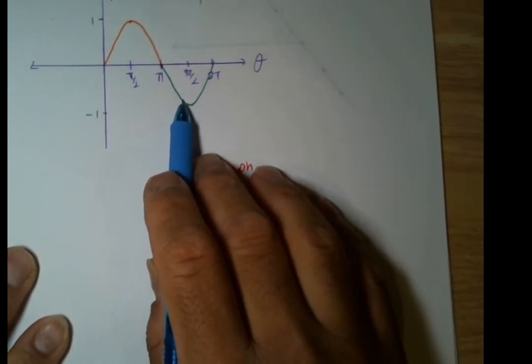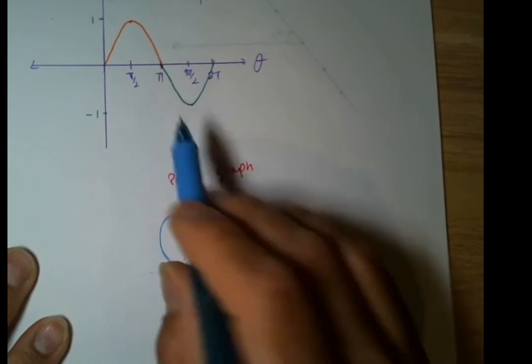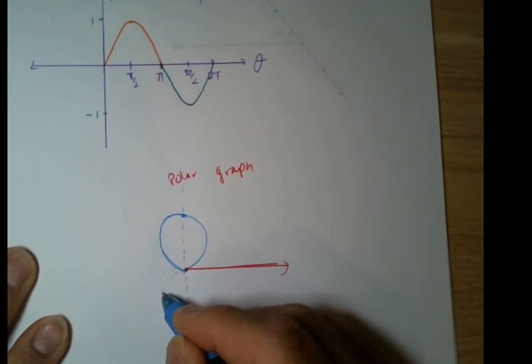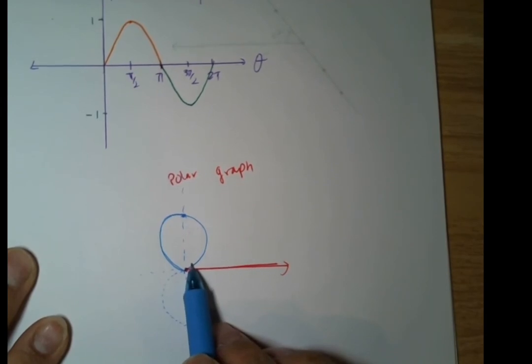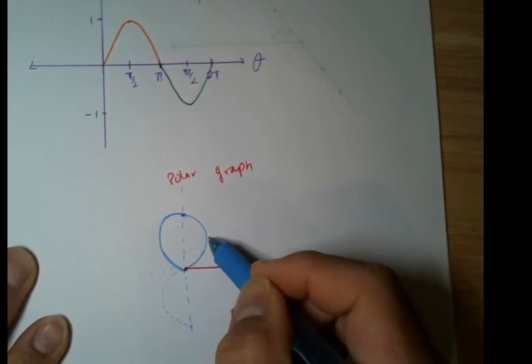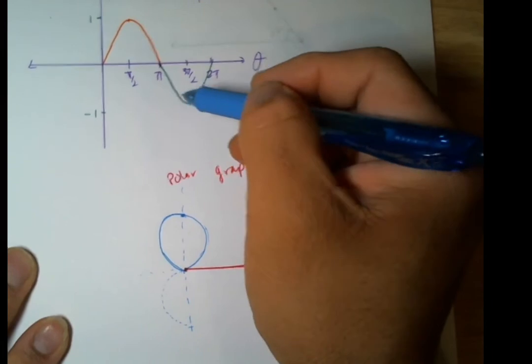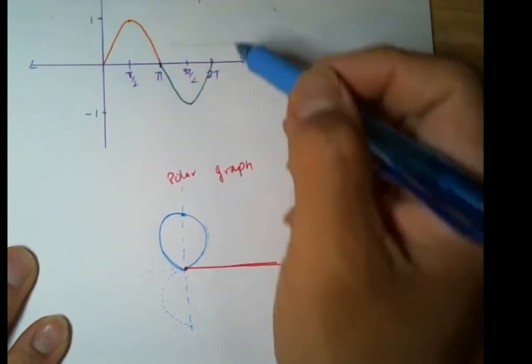But the values of r are negative. So the graph gets reflected across the pole, and essentially it retraces these steps, because it has the same shape.